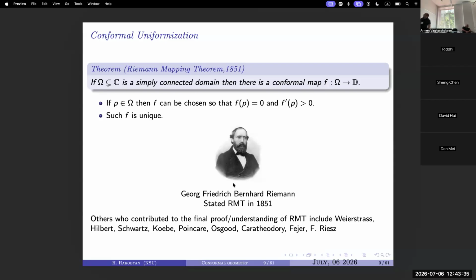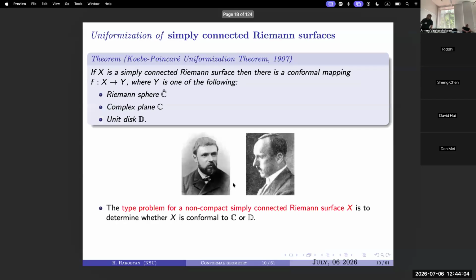He didn't really know what it means to have a general simply connected domain, and probably the first complete proof was given by Osgood. Anyway, what we're going to hear this week is some generalizations of Riemann's theorem and some very recent progress towards that. In particular, let me actually go back.